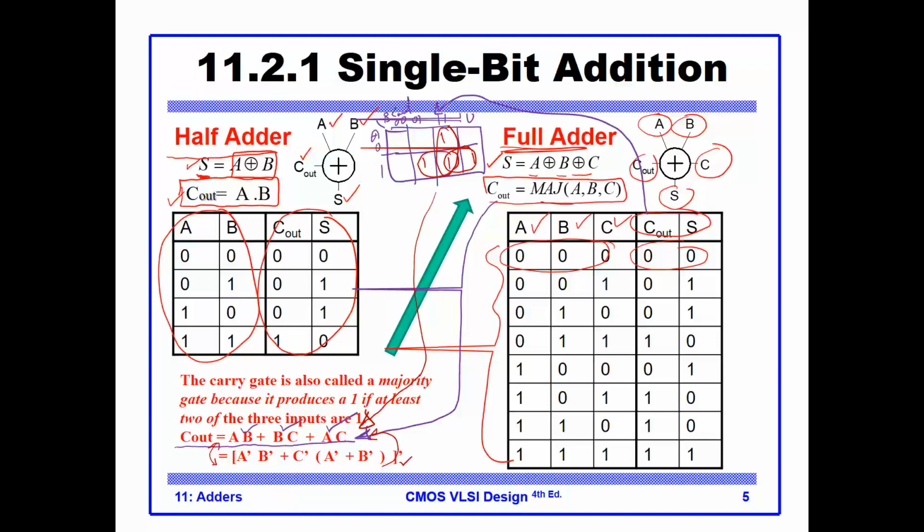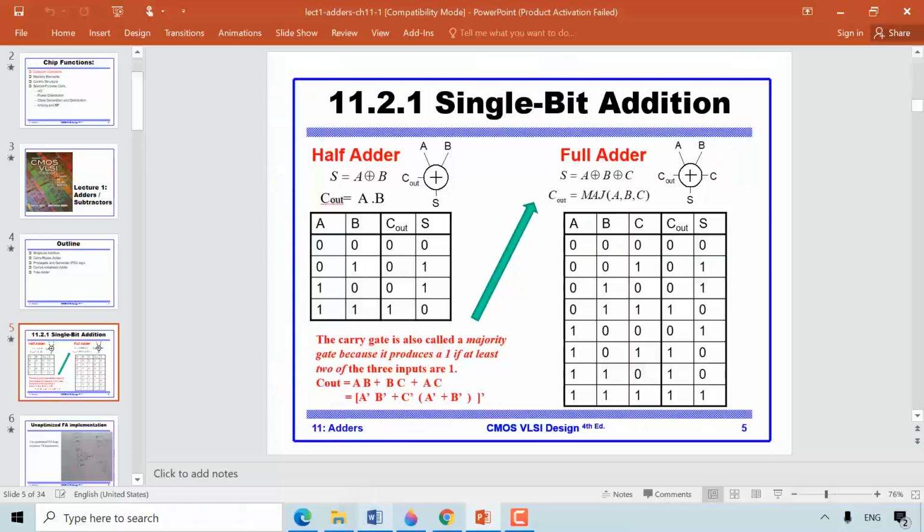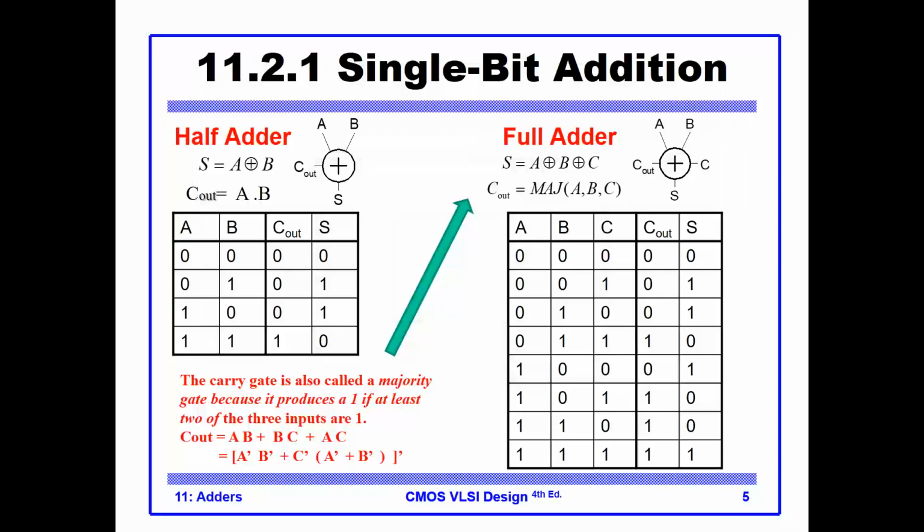So now let's talk about this majority function. When we say majority function, what does it mean? The majority function, which is this C out, means that the output C out follows the majority of the inputs.